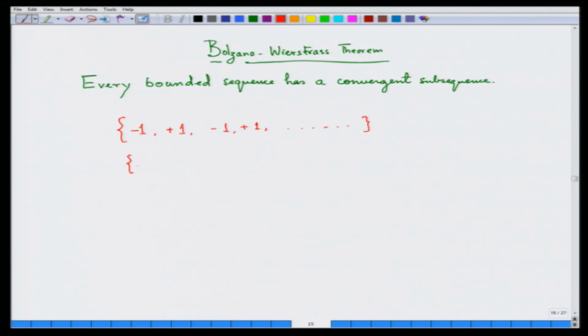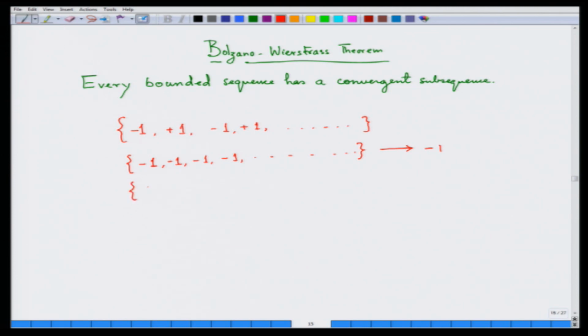And now I take a subsequence, say -1, -1, -1, -1. So, I am taking x1, x3, x5 and so on. So, this is a subsequence. Is it convergent? Yes, it is convergent to -1.